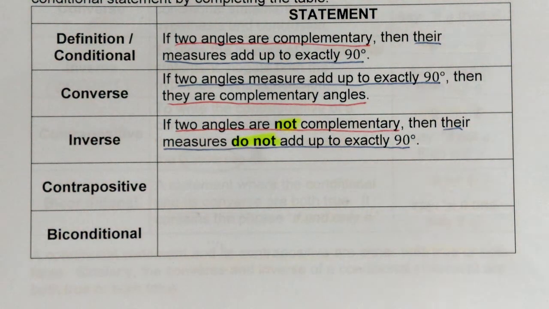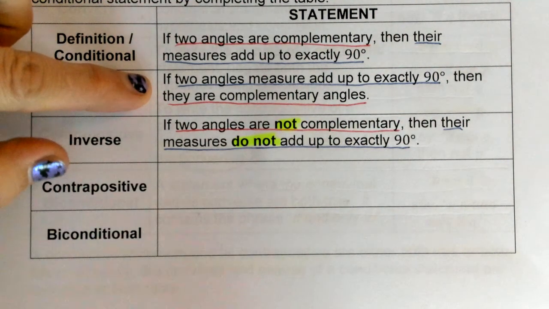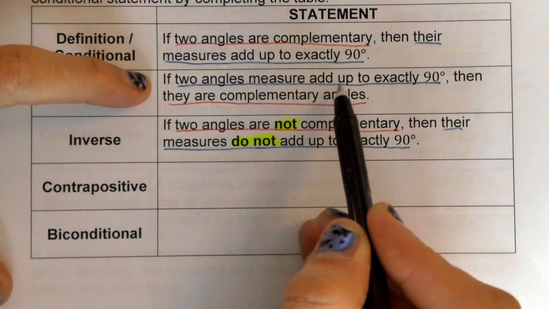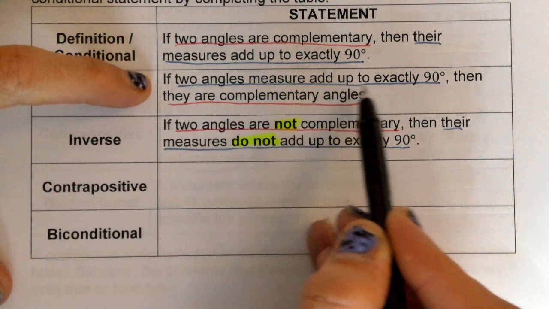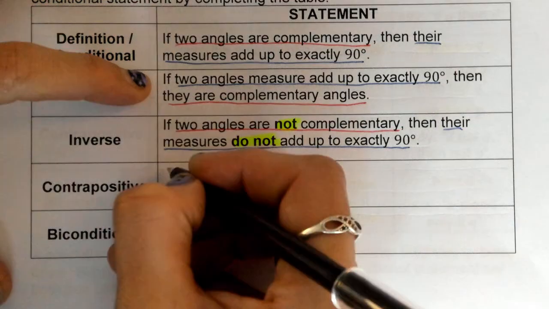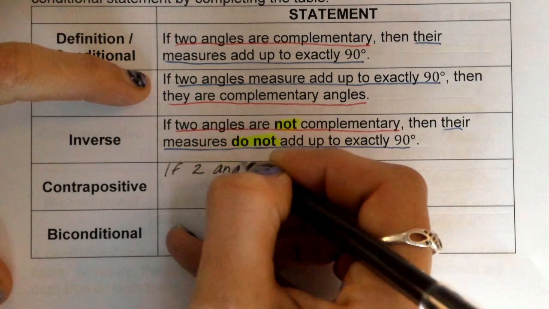Again, moving on to the new one, the contrapositive. We're going to go back up to the converse, and we're going to say the opposite of each one. So the first thing we had is if two angles' measures add up to exactly 90 degrees. So instead of saying they add up to 90 degrees, we're saying they do not add up to 90 degrees.